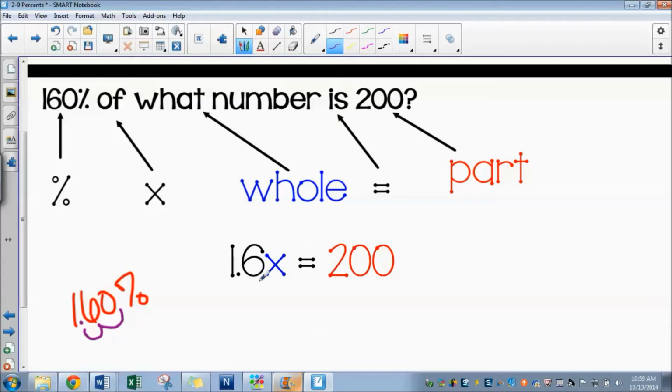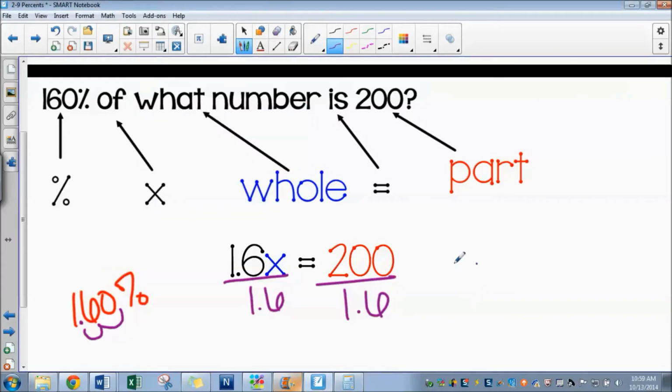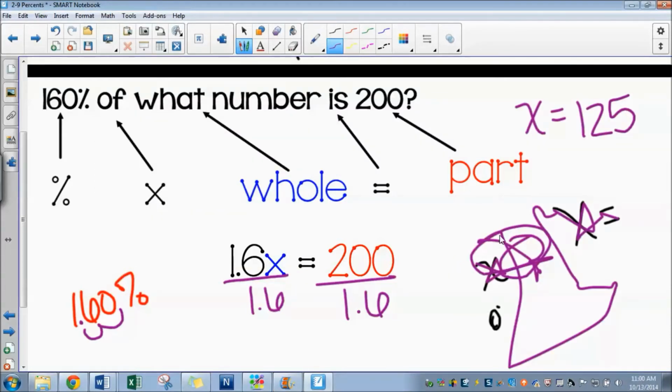I want to undo multiplying by 1.6, so I'm going to divide both sides by 1.6. And I'm going to cheat a little bit and pull a calculator out. 200 divided by 1.6 is 125. So x equals 125. And let's think about it. This makes sense because 160% is 1 whole and then another portion of 1 whole. So that's like having 125 in addition to 60% of 125, which does end up being 200.